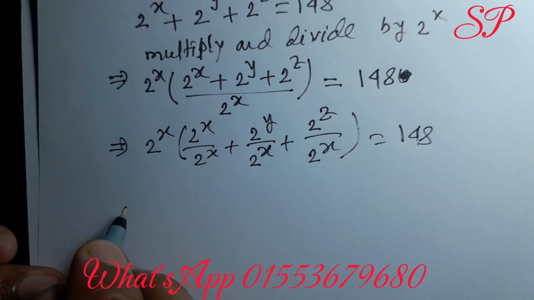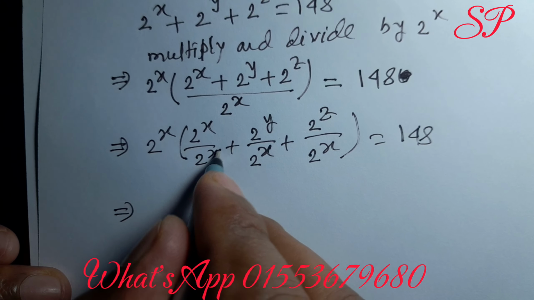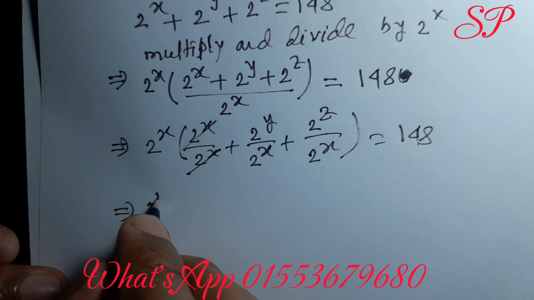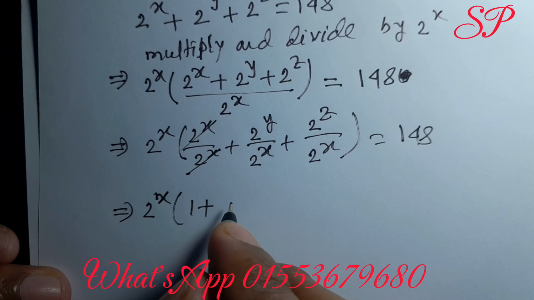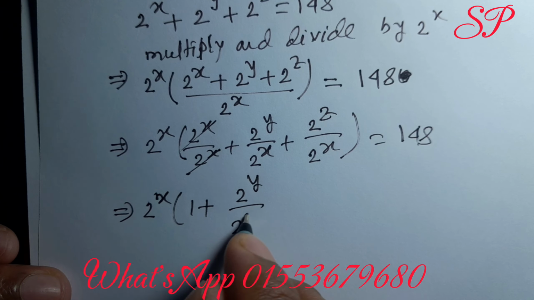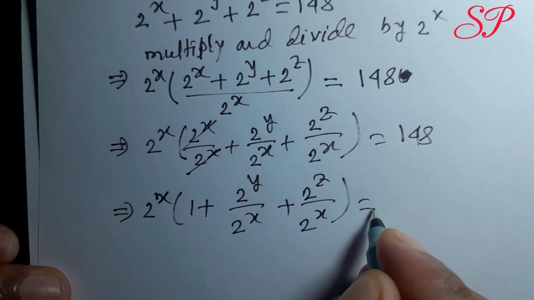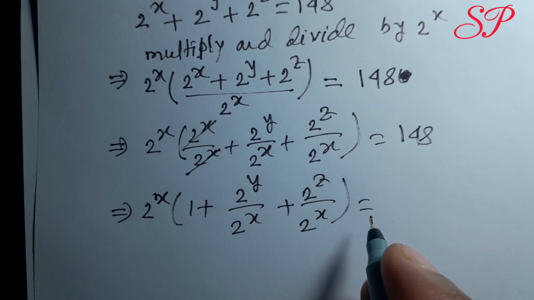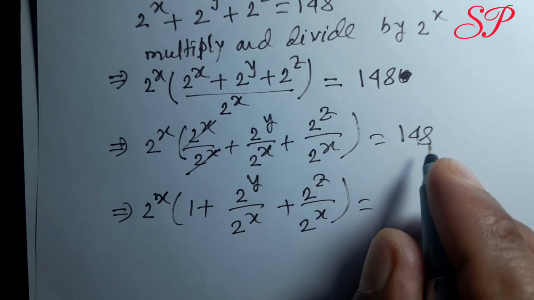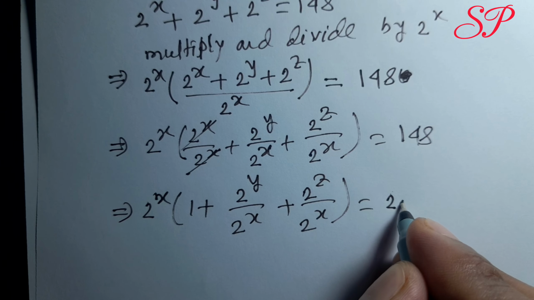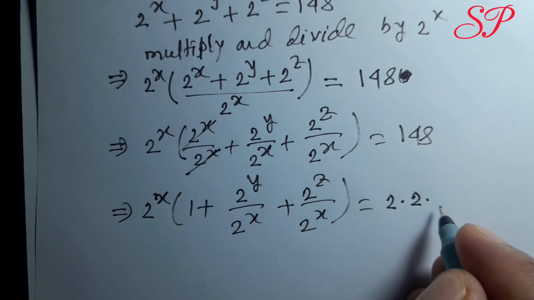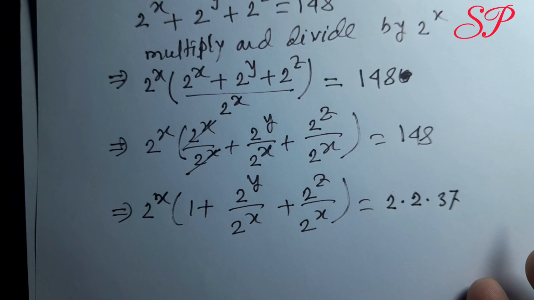Okay, now we can write here it cancels, so we can write 2^x times (1 + 2^y by 2^x + 2^z by 2^x) is equal to 148, so we can write 2 and 2 and 37.